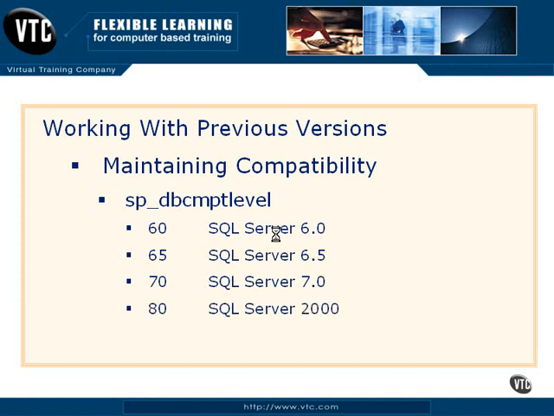Here's where it starts to break down. 8.0 or 80 means that the compatibility level is SQL Server 2000, and then 90, of course, means SQL Server 2005. So this is a way for you to basically tell SQL Server 2005 what to expect and who it's playing with and how to get along. So that's a real quick overview on how to deal with some of the previous versions, how to do upgrades, and how to coexist in the SQL Server 2005 world.